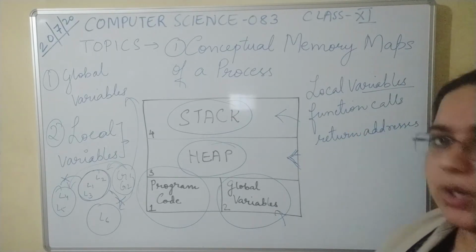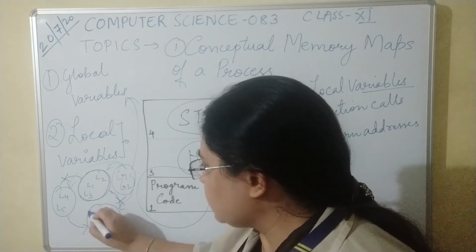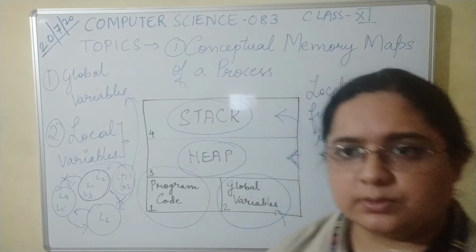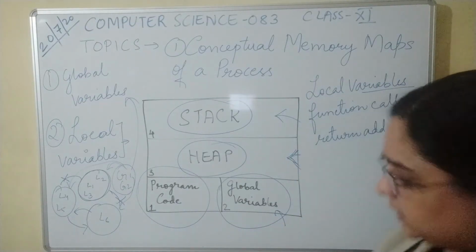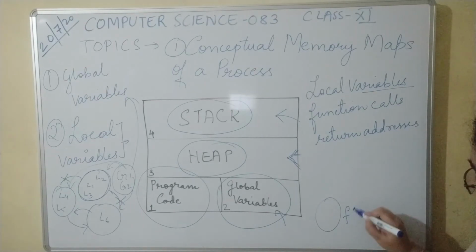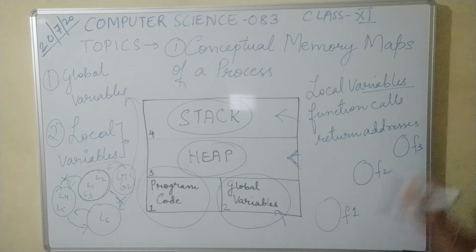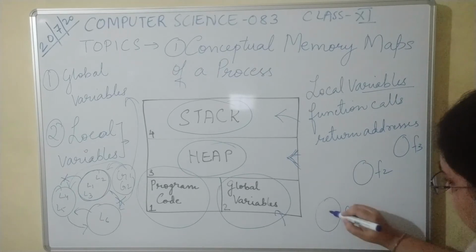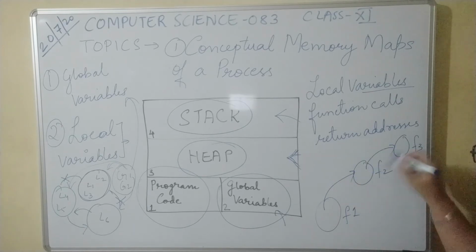Next is function calls. That is when either one of these modules tries to call the other module. So that becomes a function call. It is quite possible that you might have, say, a function 1 here, a function 2 here, a function 3 here. Function 1 calls function 2, function 2 calls function 3.